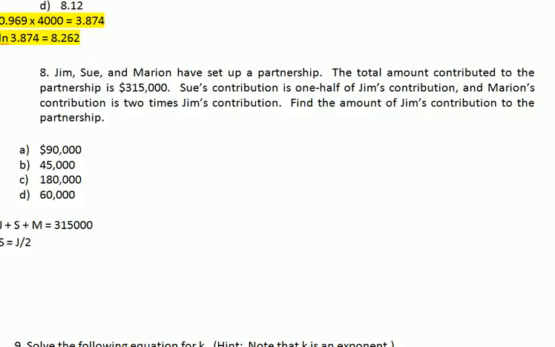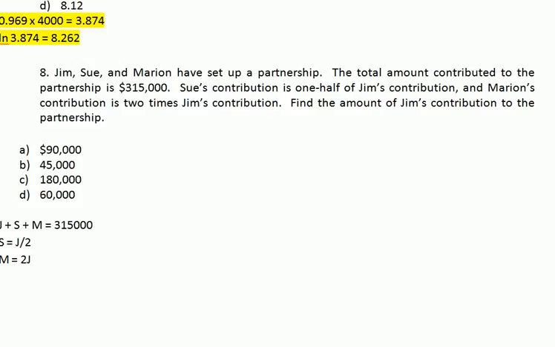The third one is that Marion's contribution is 2 times Jim's contribution. So now I can write M equals 2 times whatever J gave. That's the beauty of this algebra, we don't need to know the actual number. We just have some letter which stands in for that.